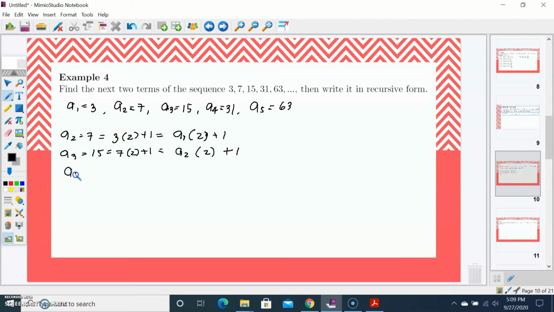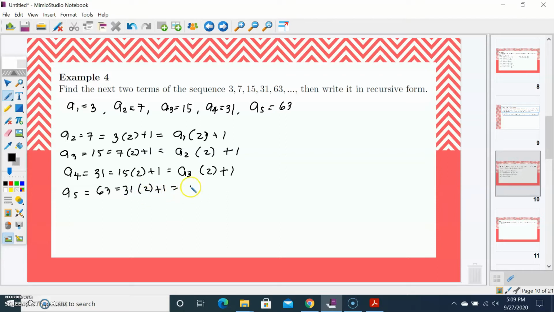Next, a sub 4, which is 31, I can rewrite this as 15 times 2 plus 1. But 15 can be replaced by a sub 3, meaning I can rewrite this as a sub 3 times 2 plus 1. Siguro nakikita nyo na kung ano yung pattern, no? And then the last one, a sub 5 is equal to 63, which can be written as 31 times 2 plus 1.